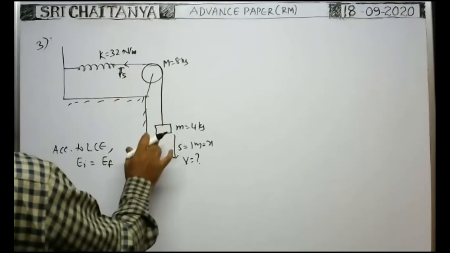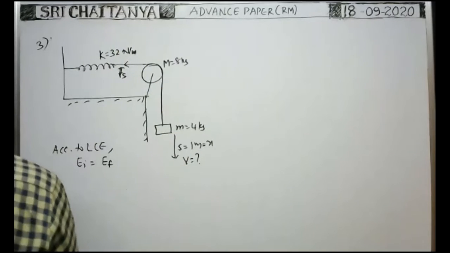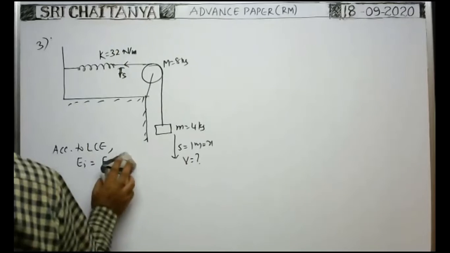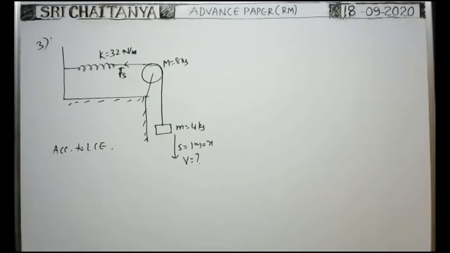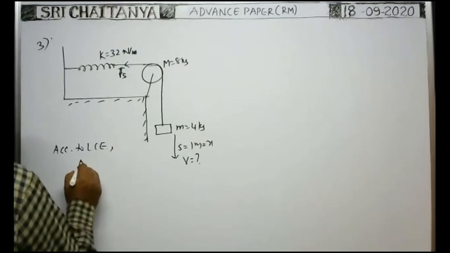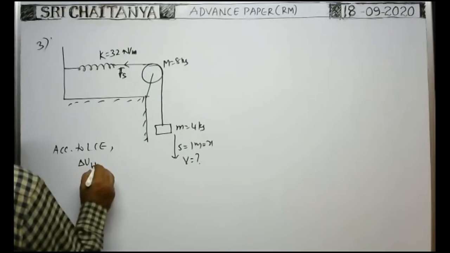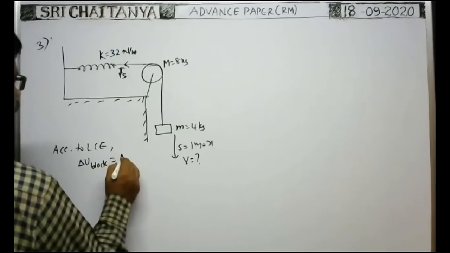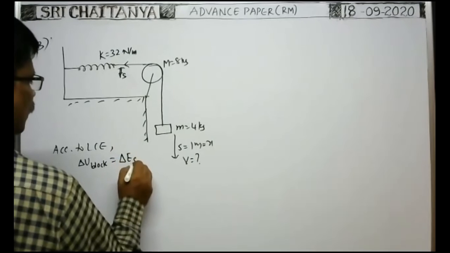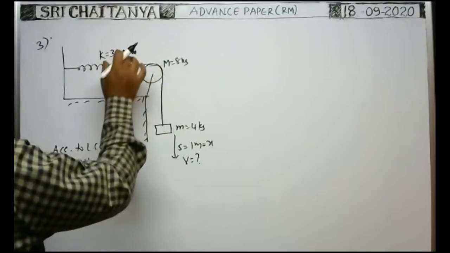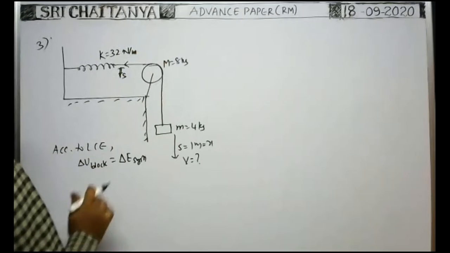That loss of potential energy by the block is equal to the gain in energy by the system. System means spring, pulley and block all acquire energy.